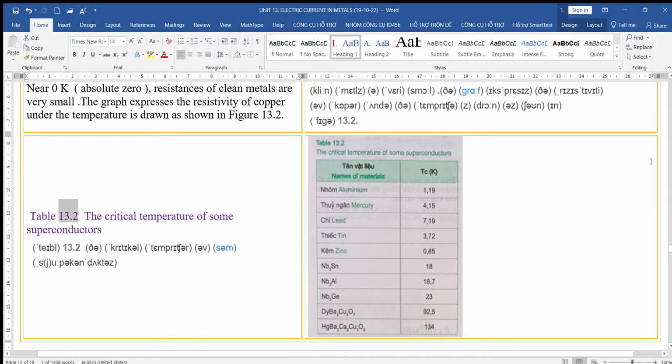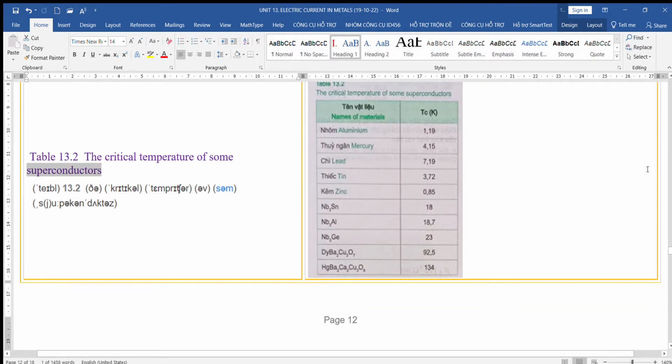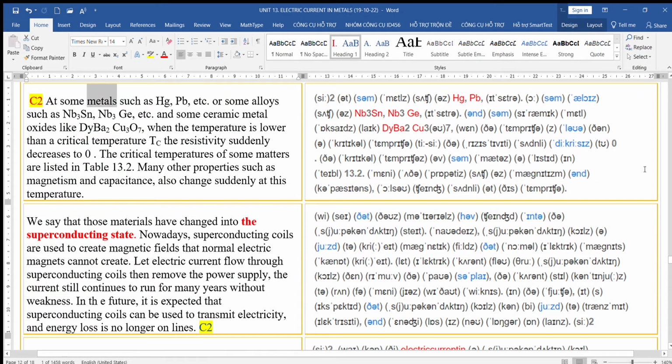Table 13.2: The critical temperature of some superconductors. In some metals such as Hg, Pb, etc., some alloys such as Nb3Sn, Nb3Ge, etc., and some ceramic metal oxides like DyBa2Cu3O7, when the temperature is lower than a critical temperature Tc, the resistivity suddenly decreases to 0.